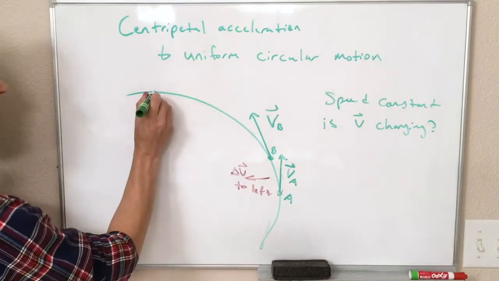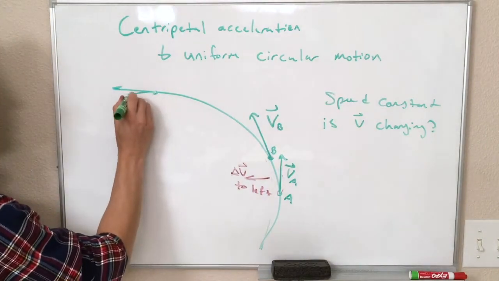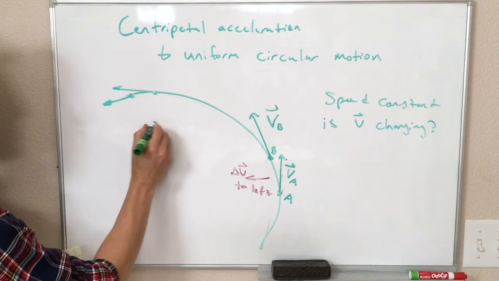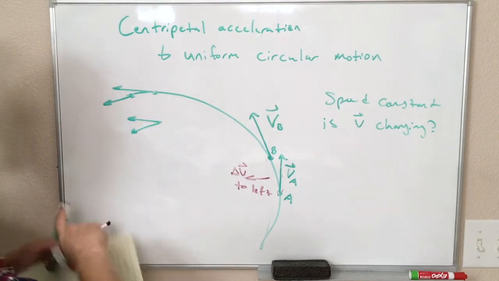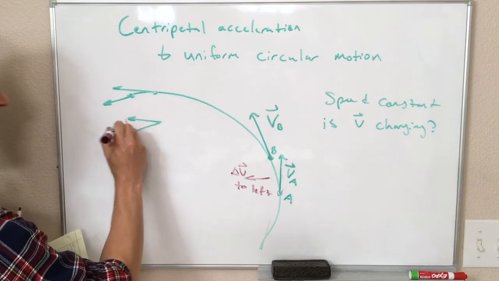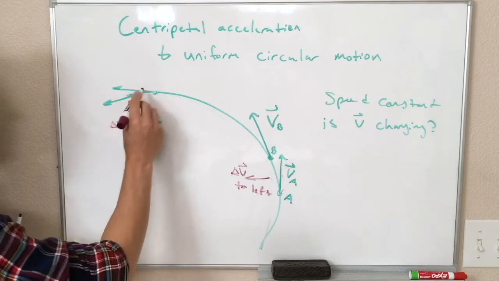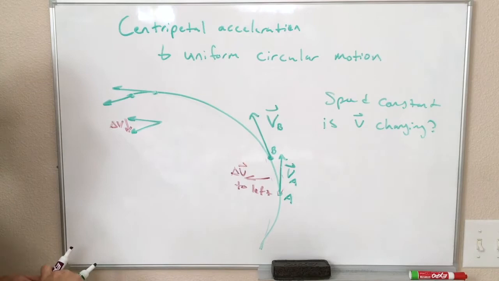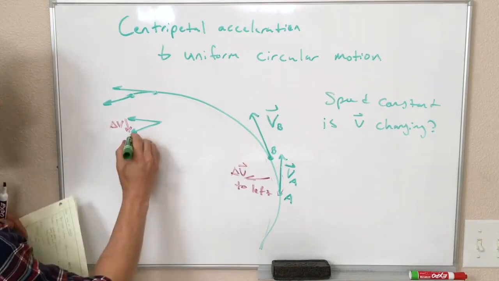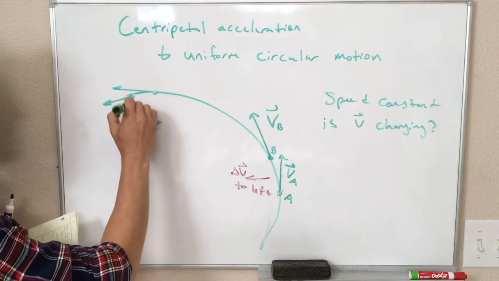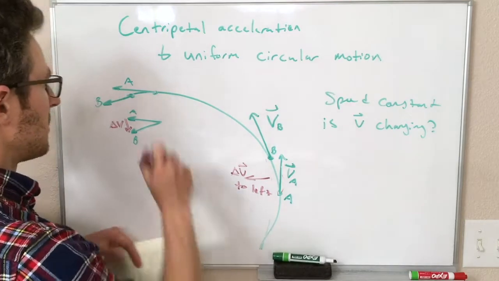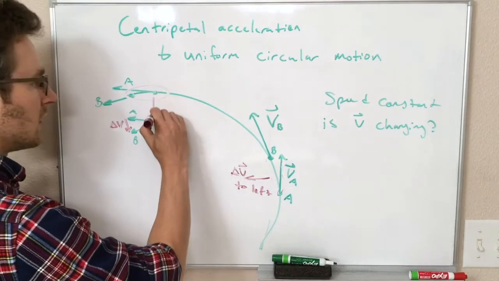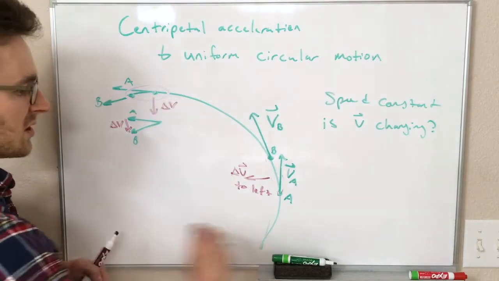Here, let's say VA is pointing like this, VB is pointing like this, and so VB minus VA is a vector pointing down. So our delta V here looks like that. This is B and this is A. For these points up here, our delta V is pointing down.